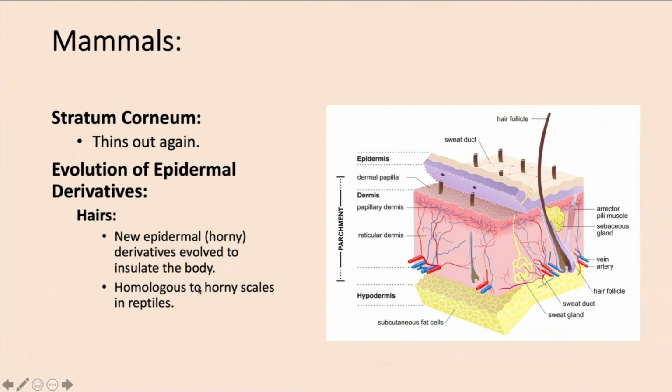And it is homologous to horny scales in reptiles, meaning that the structure of the hairs is similar to the structure of the scales in reptiles. And here you can see the hair emerging, specifically right here from the last part of the dermal layer. It protrudes outwards. It goes through the dermal layer and out into the epidermis.